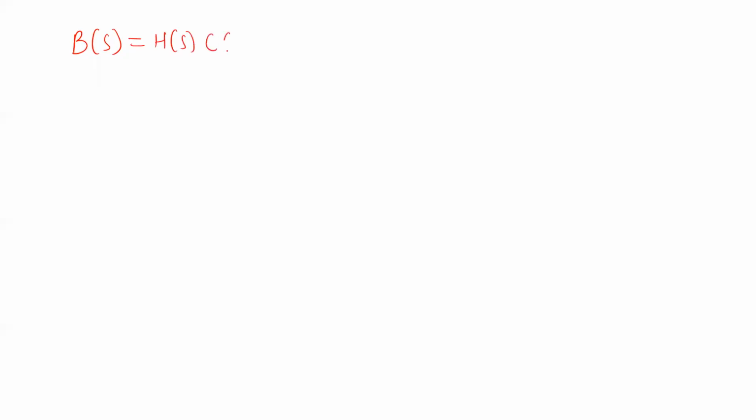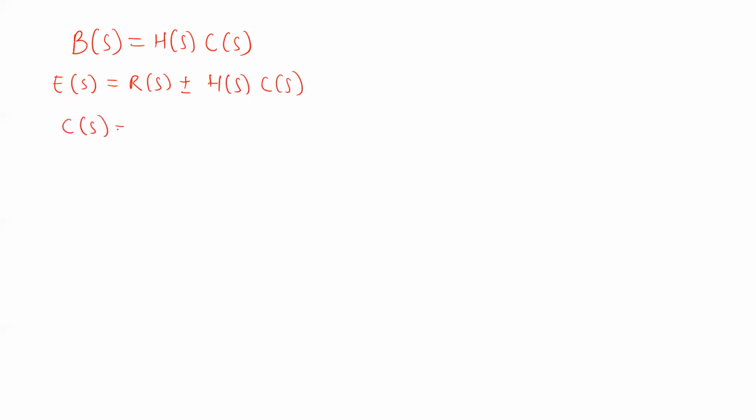So BS is HS into CS. We will substitute this in the error equation, so the error equation will be RS plus minus HS CS. Now we'll substitute this in CS.